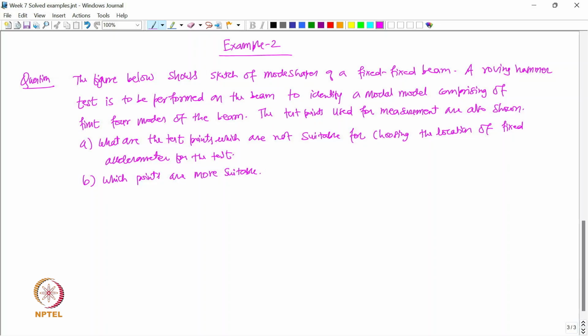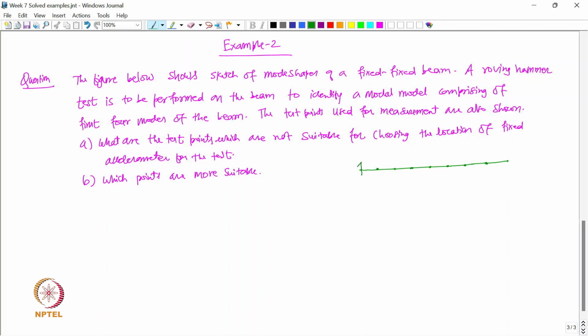Right. So, this is the thing, and now let me show the mode shapes which are being given here. So, this is the beam like this, right, and this is a fixed beam, and so the points which are given are 3, then 4, 5, 6, 7, right.